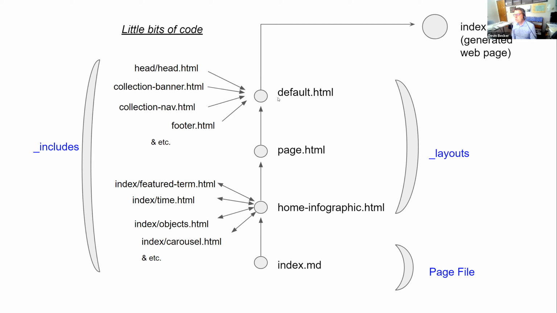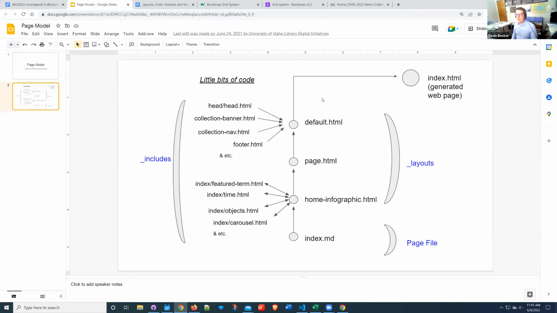And then page goes up into that default HTML layout that pulls in the basic header pieces, the meta pieces that get picked up by Google, the SEO, the collection banner itself, the collection nav, the footer, etc. And then what Jekyll does is it pulls all of that together and generates the main index.html file, which is then served as the home page of your collection.